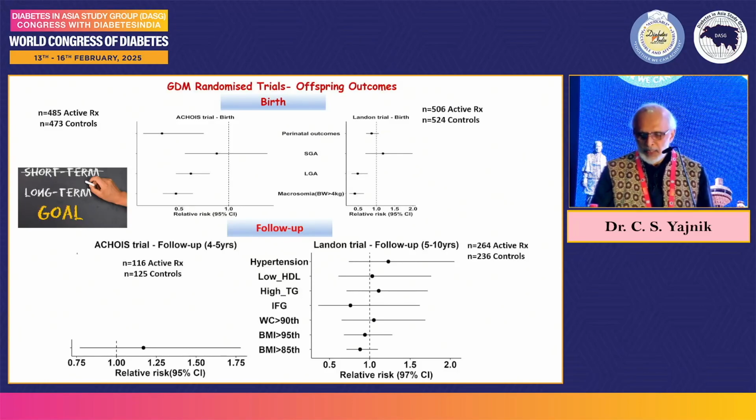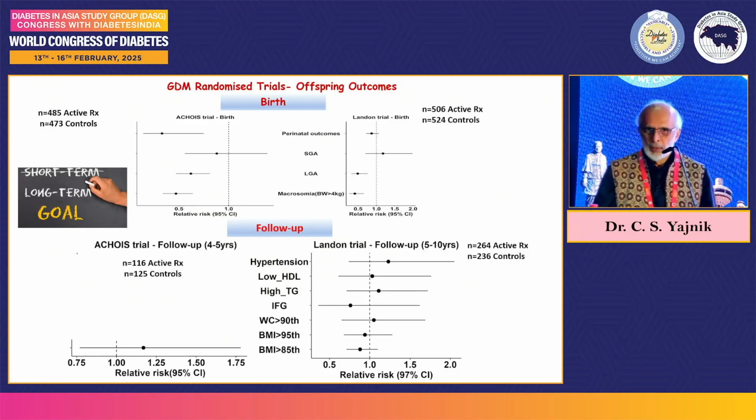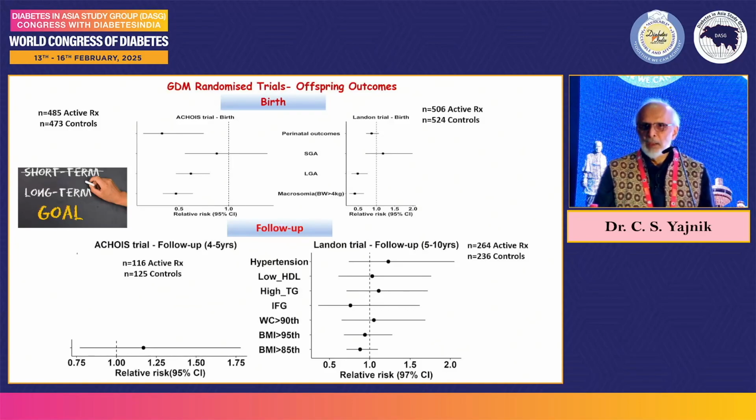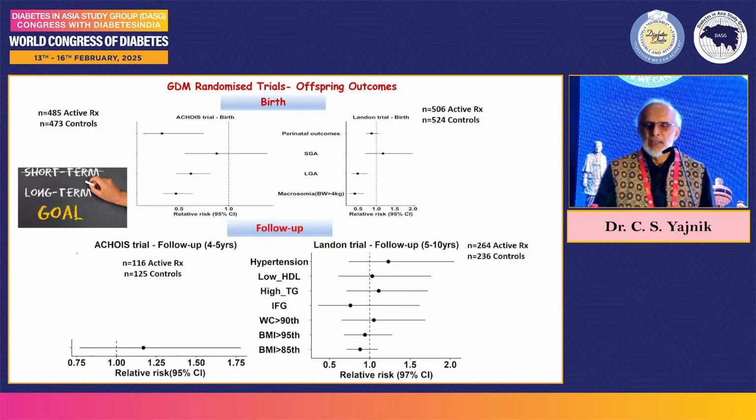And the resounding answer is no. If we treat gestational diabetes as we are doing today, it doesn't prevent any of the cardiometabolic risk factors in the child, nor does it prevent obesity.